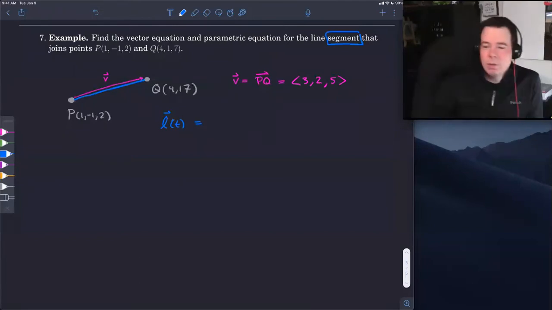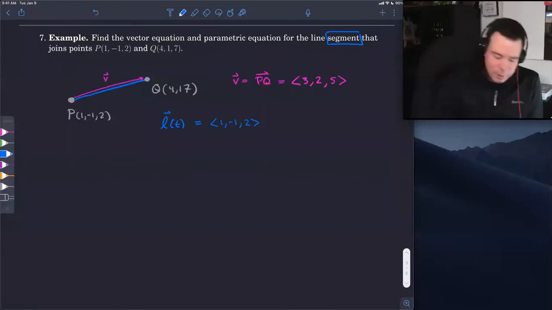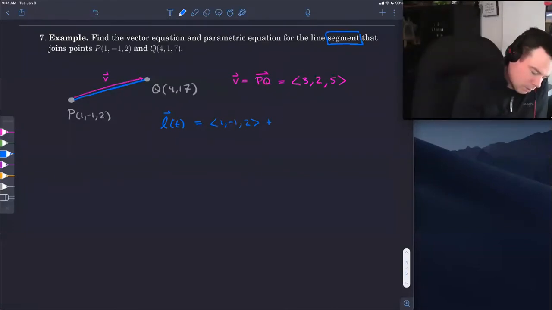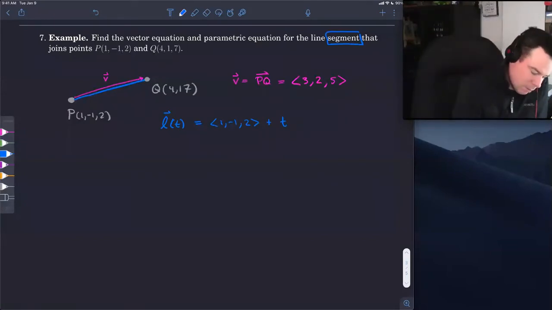Well, I'll write down the equation of the line first. The line would be the point that we know on it, at least the position vector for that point that we know on it, plus a multiple, so a scalar multiple, which we'll call t, of the vector that points in its direction.